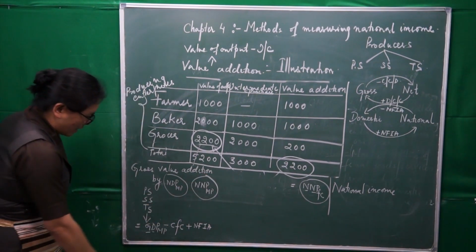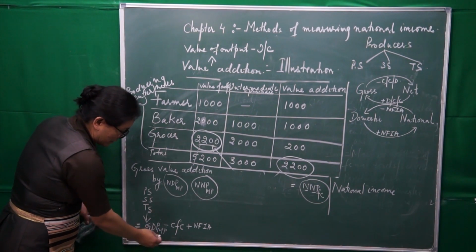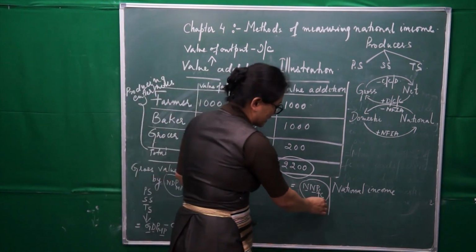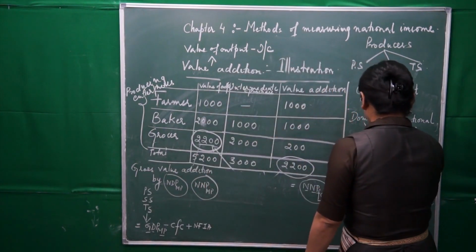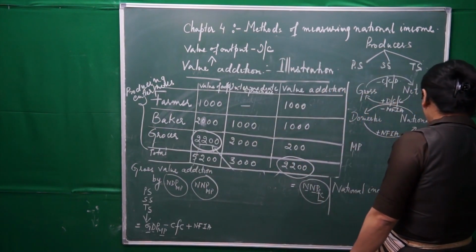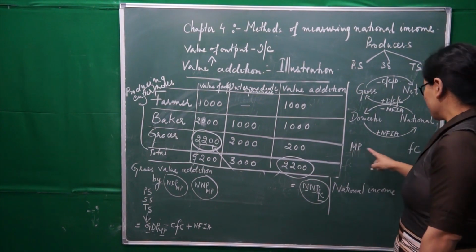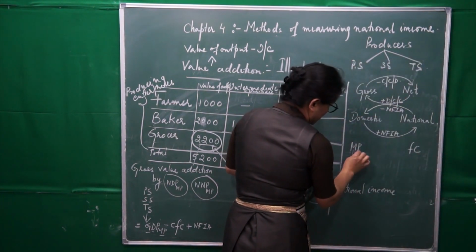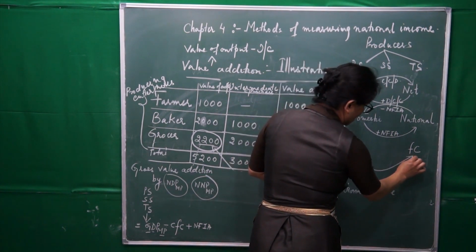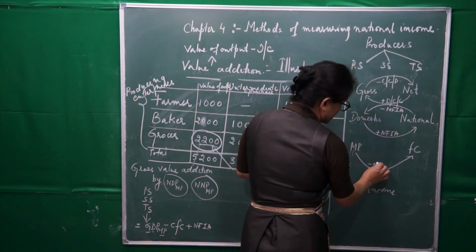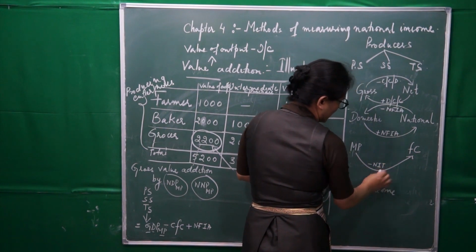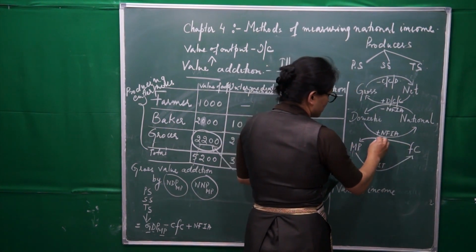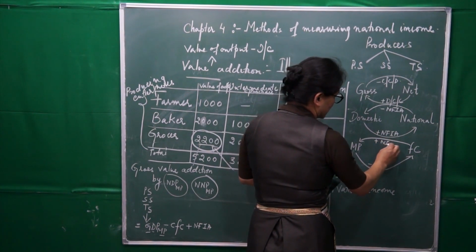Right. Now, we have to go for this conversion, MP and FC. So again, MP and FC, market price, factor cost. To change this one into factor cost, we have to do minus NIT, and factor cost into MP, we have to do plus NIT.